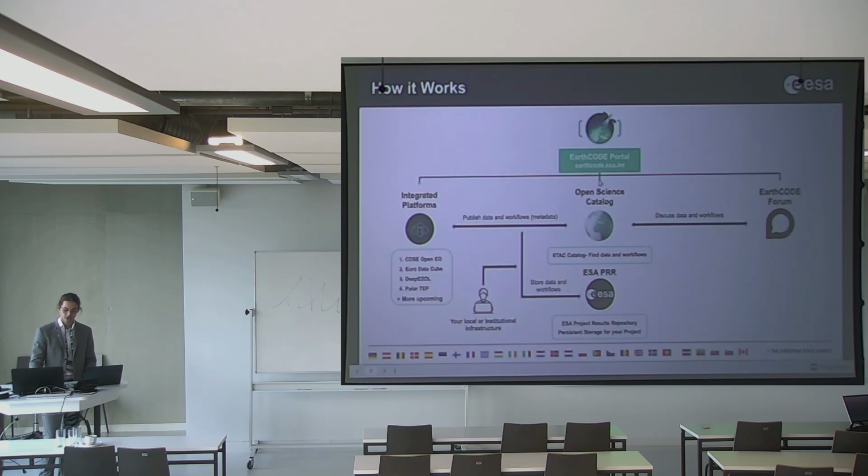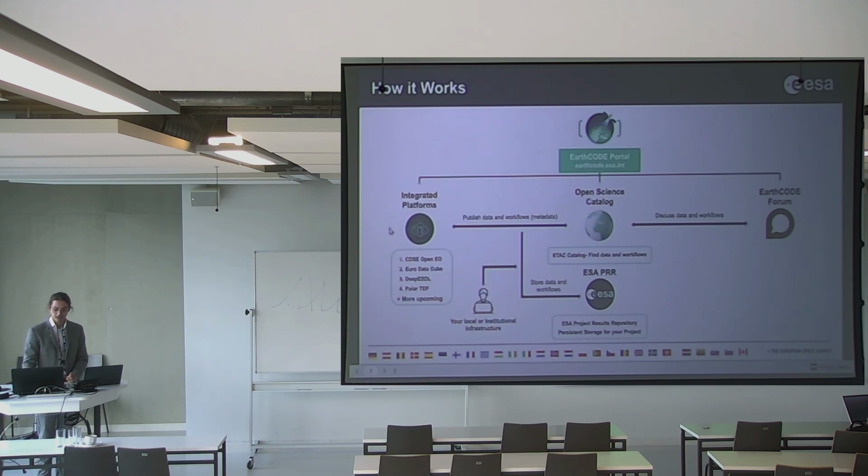There is something called the Open Science Catalog, which is essentially a STAC catalog. Can I have a raise of hands of who knows STAC? There we go, about half the room. So essentially, it's metadata that describes the data, and it's a STAC Browser deployment. You're able to go through, see what's openly available and access it.